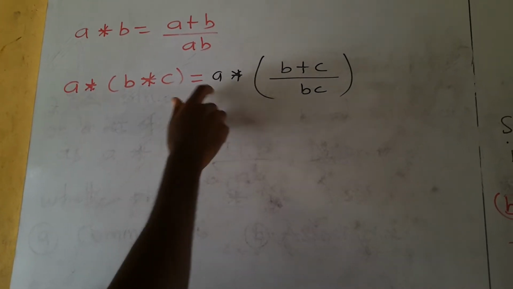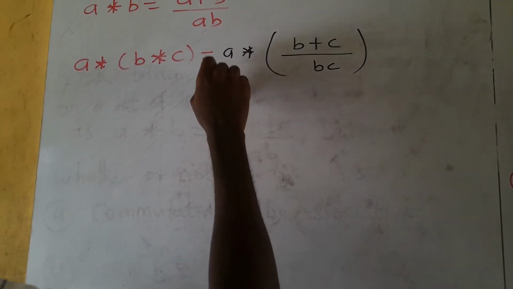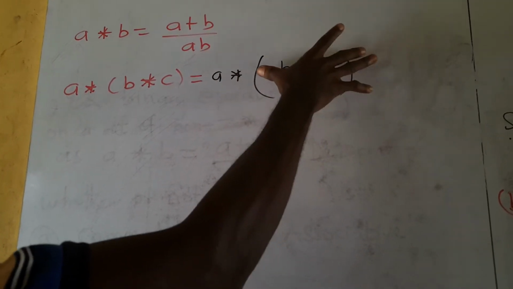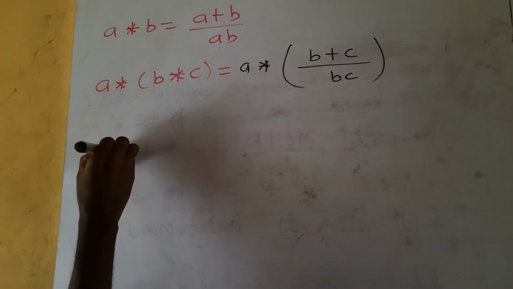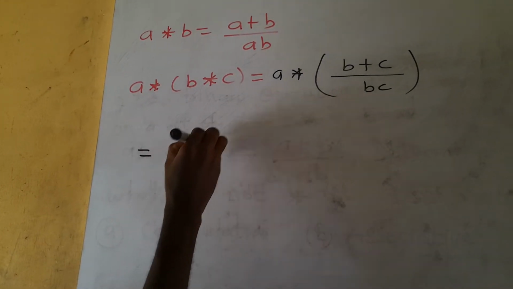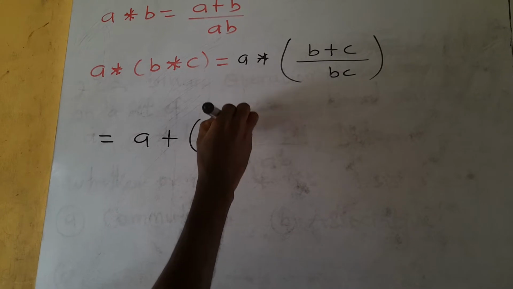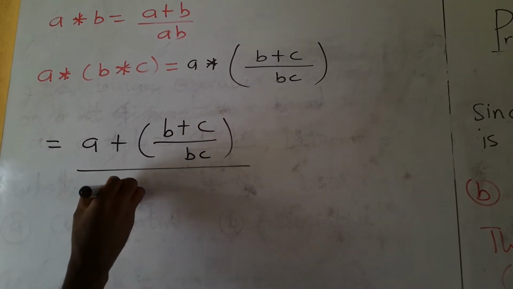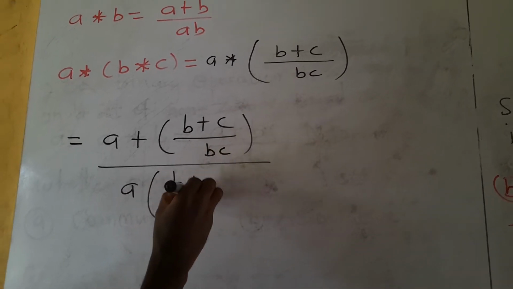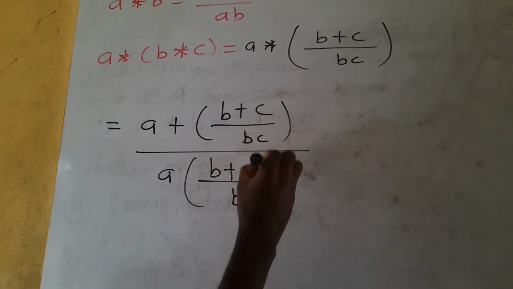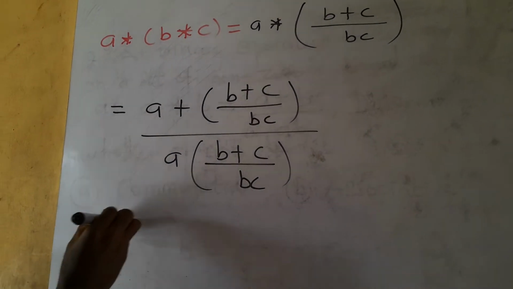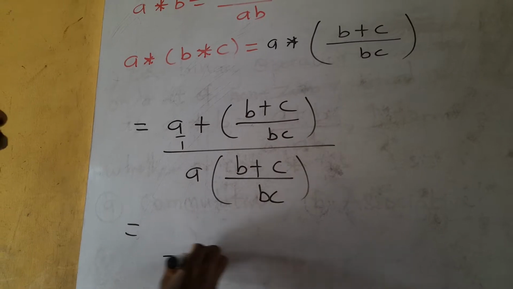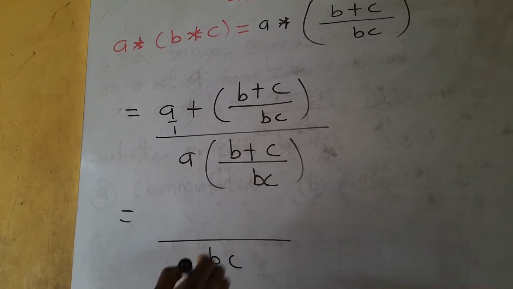I want to find A star this. So now any place we see A we substitute our A, any place we see B we substitute the whole of that. So what are we going to have? We'll have A plus B plus C over BC all over A times B plus C over BC. Now we simplify. This is over 1. So the LCM there will be BC.